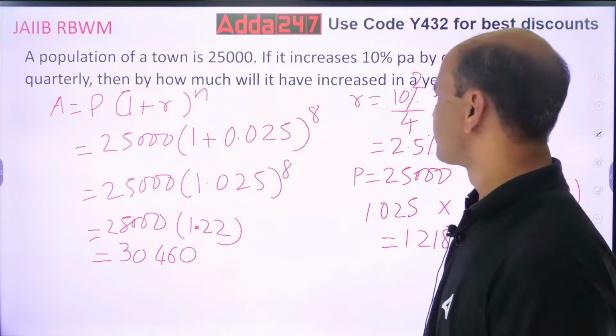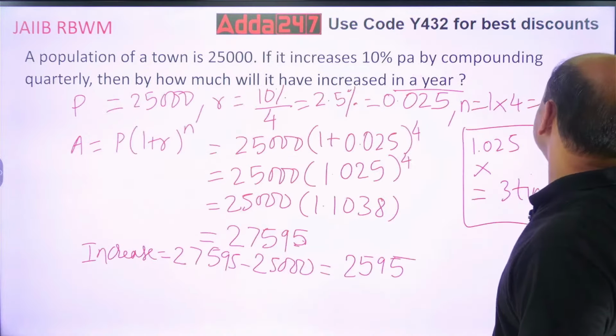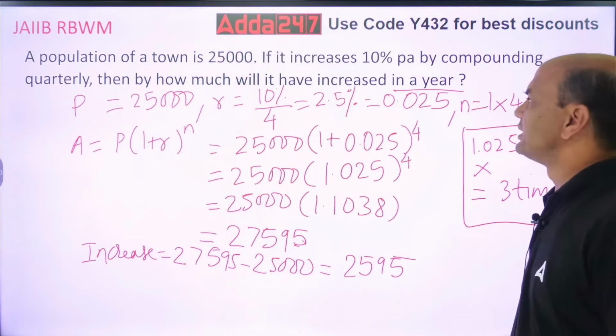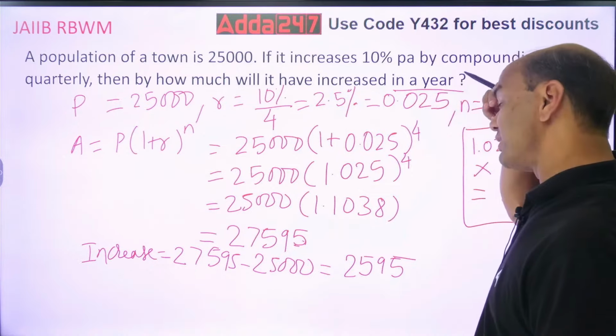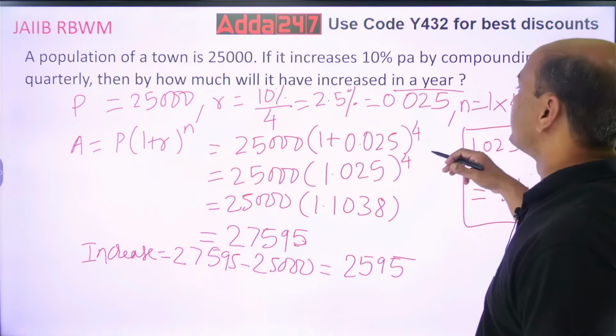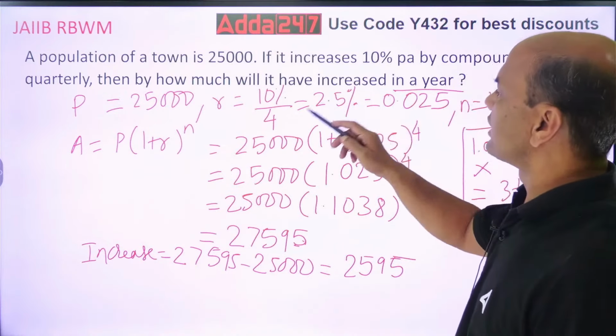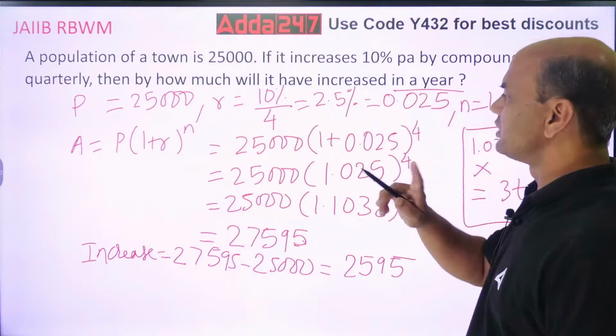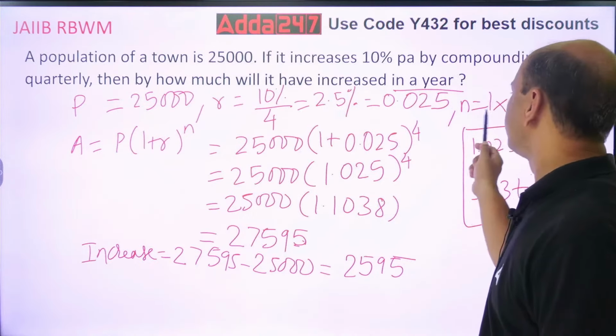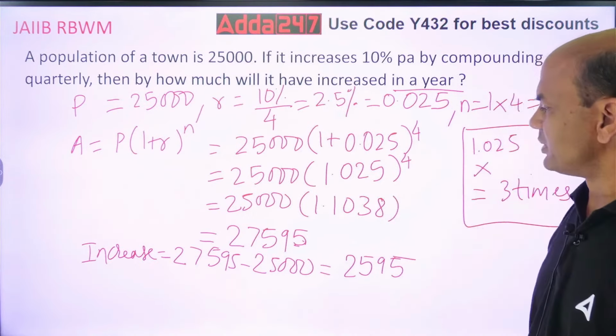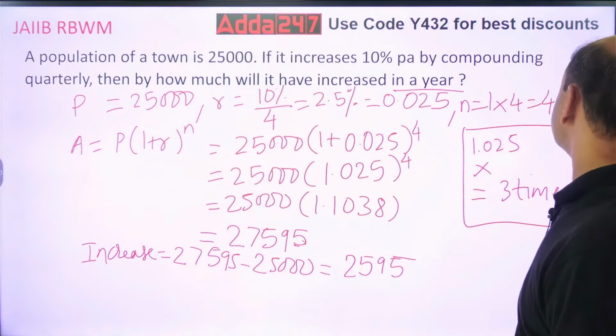Okay? Got it? Next, similar one in a year. So this already we have done it. 25,000. You can try this again. You want quarterly and increase in a year. Only 1 year now. So here n will be 1 into 4. So raised to 4 it will be. Check this, everyone. Okay?